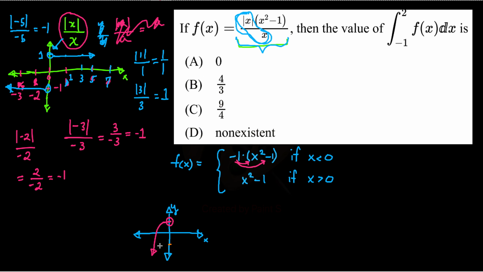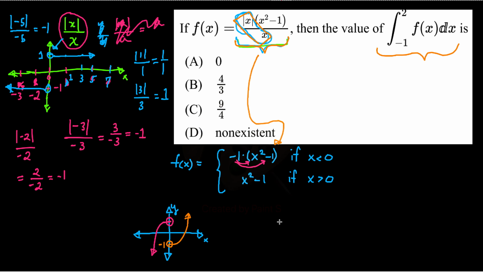Here's -1; it starts off at -1 along y, and then it curves upward like that. And this is exactly what this whole function looks like. These two are exactly the same thing, and it's just interpreting this part that's tricky, this absolute value of x over x. Very strange. So now let's get an idea of how we perform this integral.